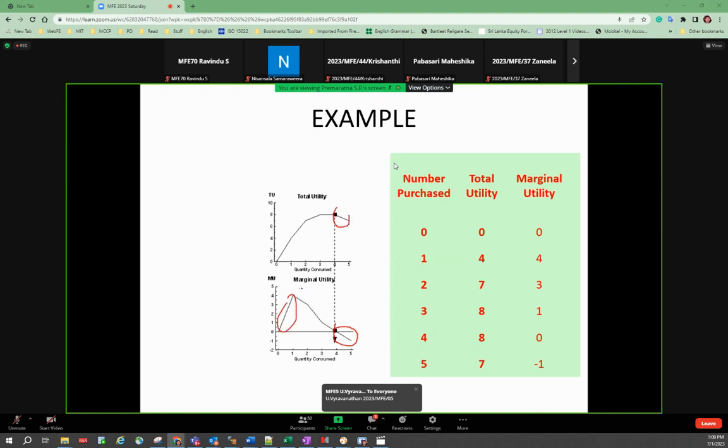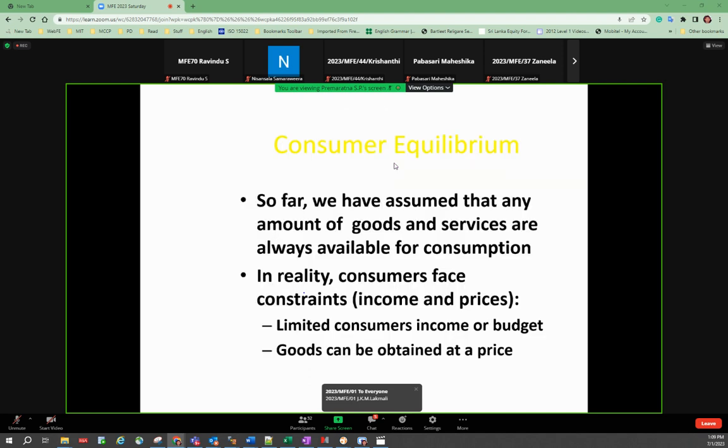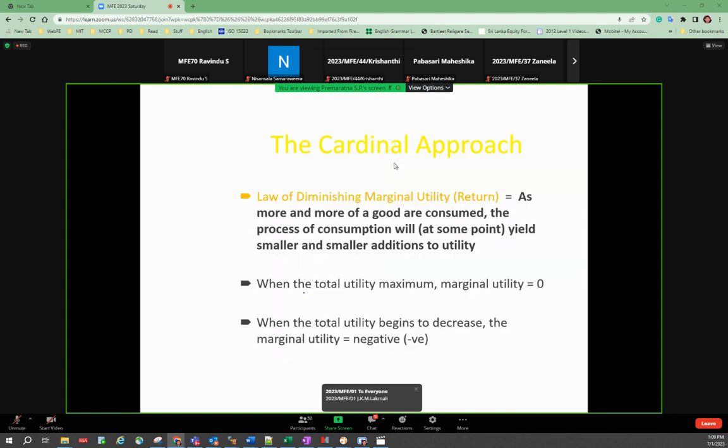And like I explained, the rational consumers take the decision. This diminishing marginal utility is what we call the law of diminishing marginal utility or marginal return.